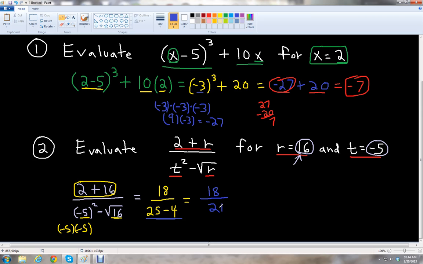There is a common factor of 18 and 21. It would be 3, so we divide each number by 3 to simplify. 18 divided by 3 is 6, and 21 divided by 3 is 7. So our answer is 6 over 7, or 6/7.